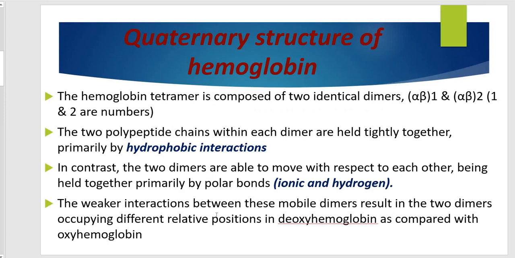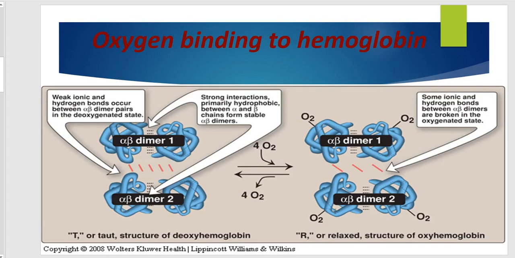So the weaker interaction between these mobile dimers results in the 2 dimers occupying different relative positions in deoxyhemoglobin, deoxy meaning without oxygen, and oxyhemoglobin, which is hemoglobin with oxygen. Here, oxygen binding to hemoglobin.